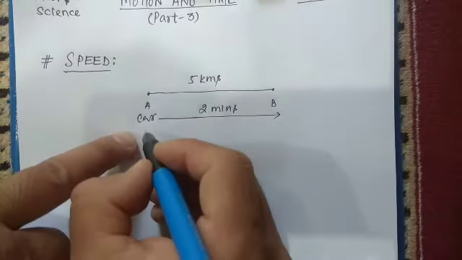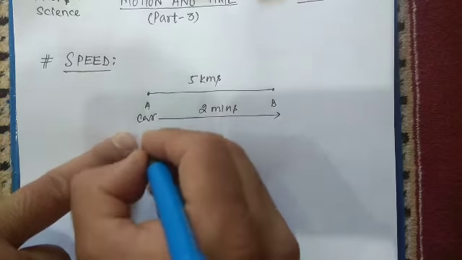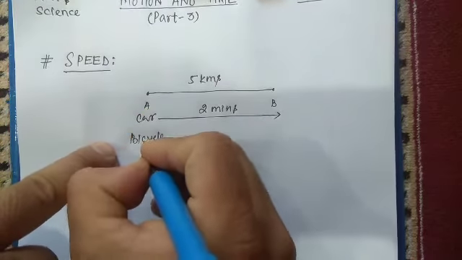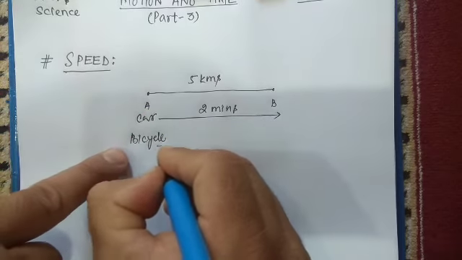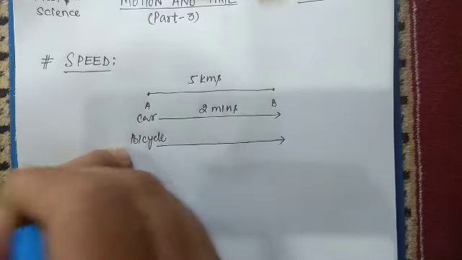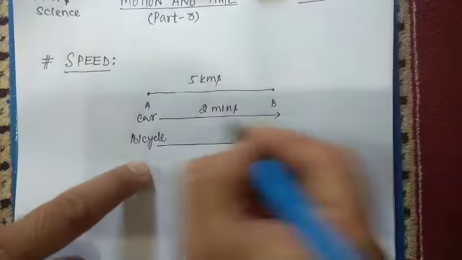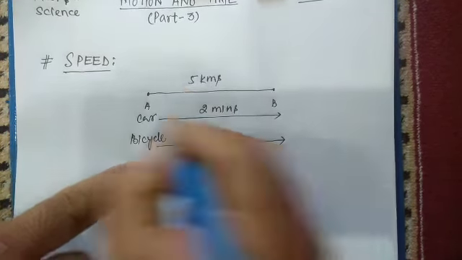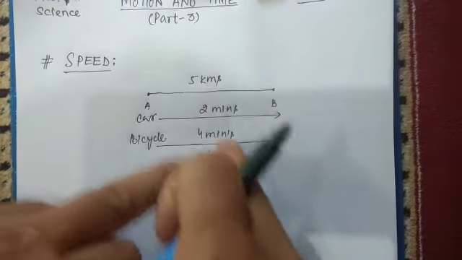In the same way, a bicycle leaves from point A and reaches point B, but it takes, say, 4 minutes to cover the same distance.